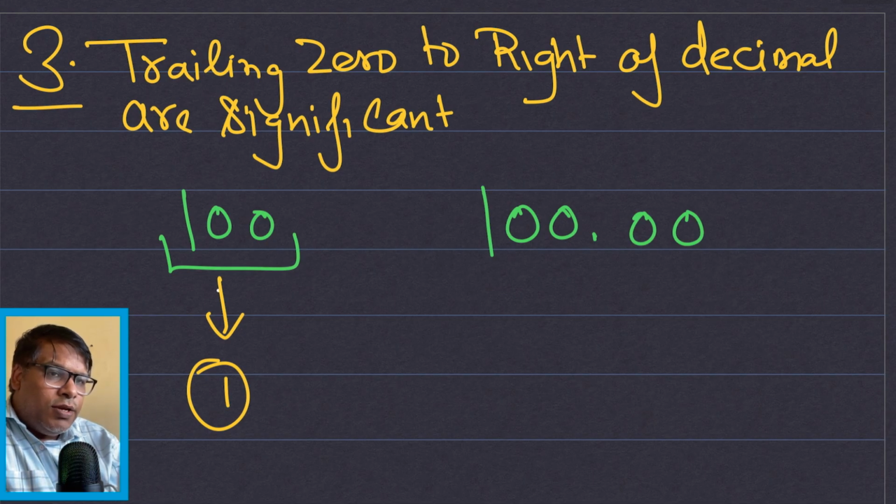So here you see 100, then decimal 00. Try to see here: this is significant, this is significant, this is significant.